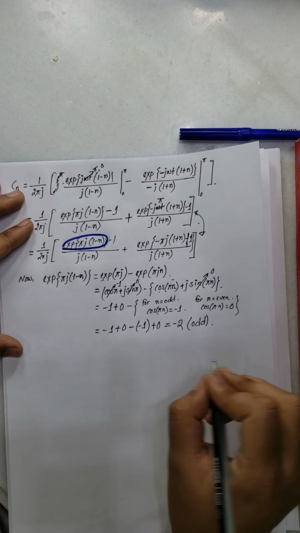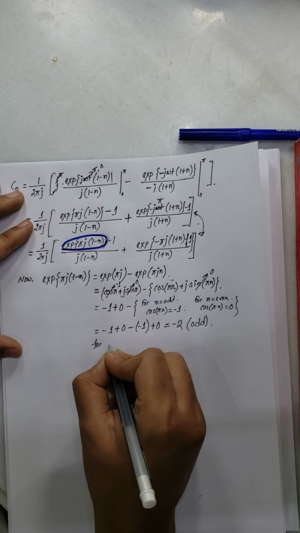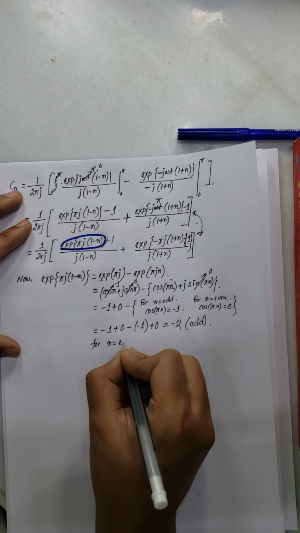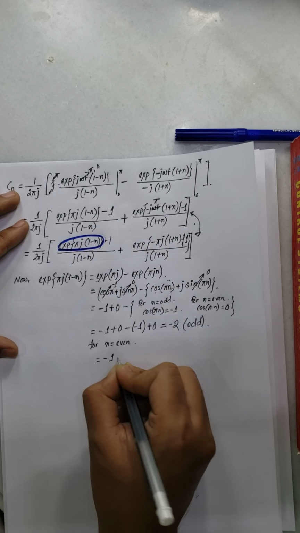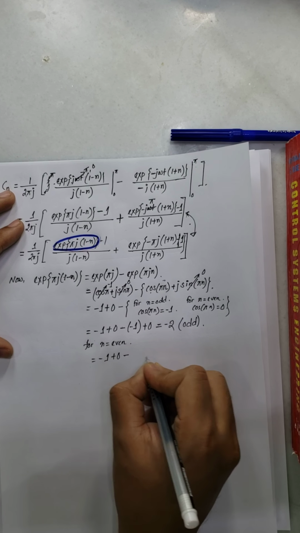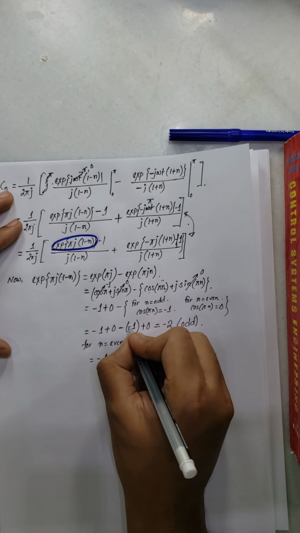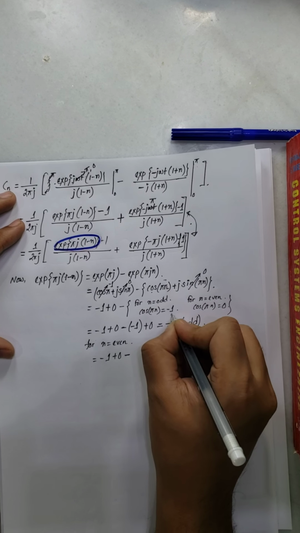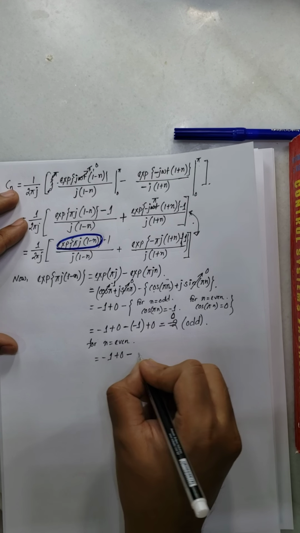And for the even case, for n when it's even, we get minus 1 plus 0 as before.